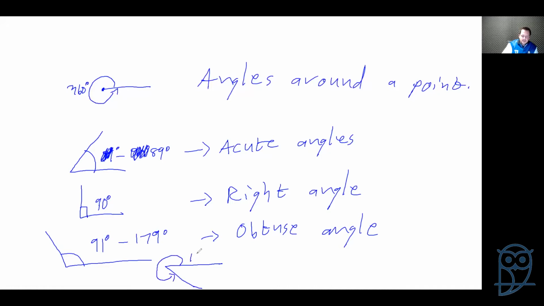So that is over 180 to just under 360. That is known as a reflex angle. And then your full 360 is a full revolution. So I'm pretty sure all of you guys know this.